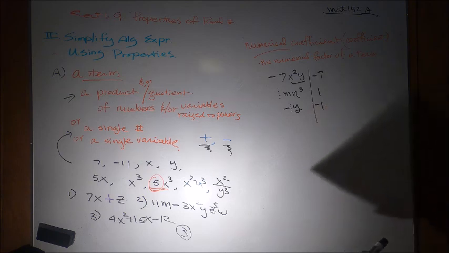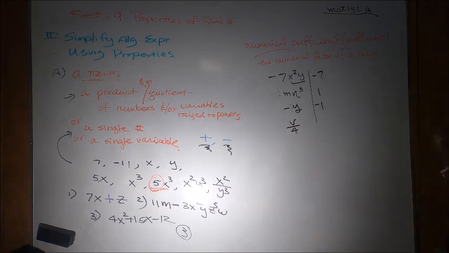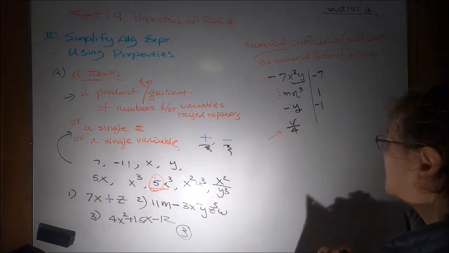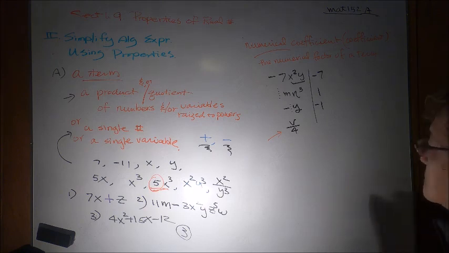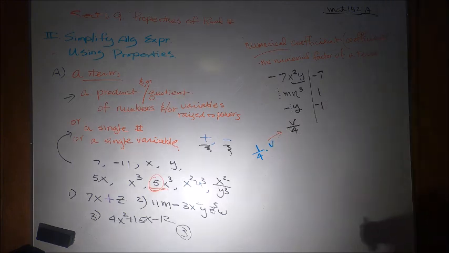How about -y? That would be, right? And how about v over 4? What's the number before the variable? Is that same thing as what? Like this. If 1/4 times v, how do you multiply?